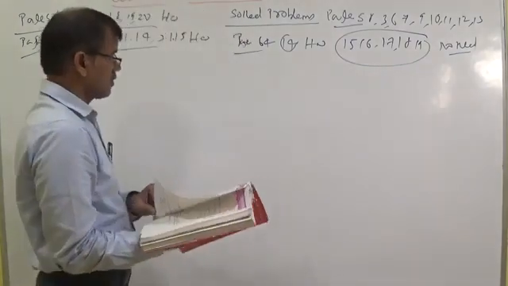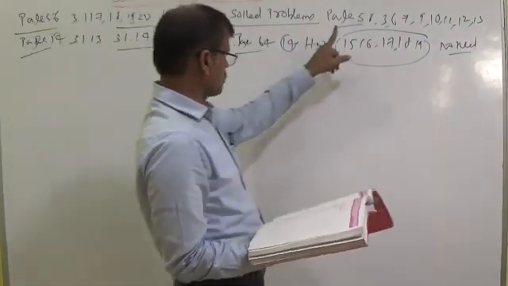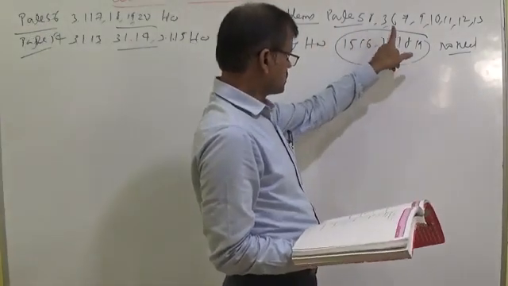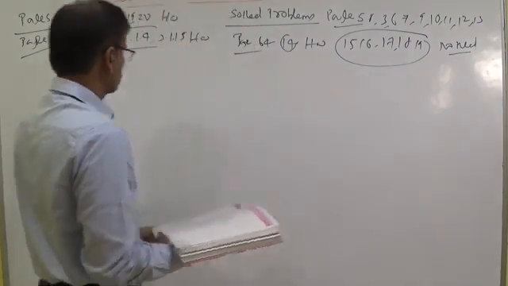Now, what are the sums I want to discuss with you? I will say now. Solved problems, page 58. So, these sums 3, 6, 7, 9, 10, 11, 12, 13.